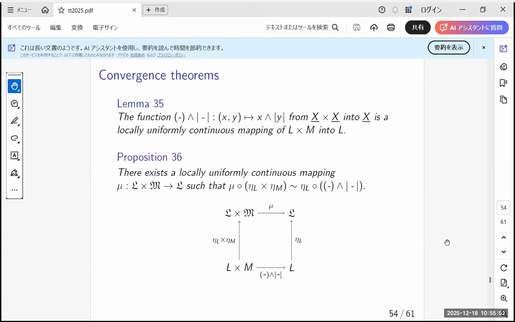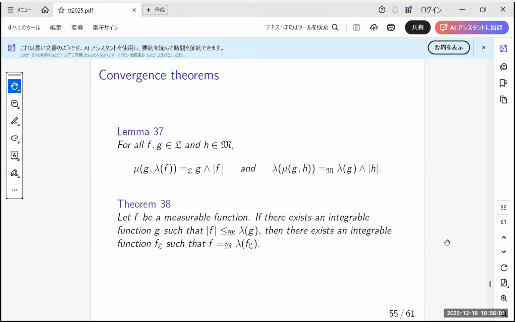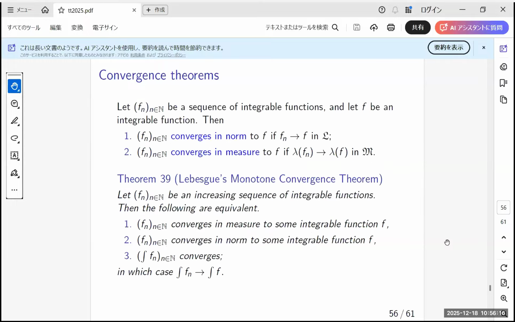Okay, and then we can define some locally continuous mapping, mu, in this way. And then we can show the following, for example, Theorem 38: a measurable function bounded by an integrable function is integrable.